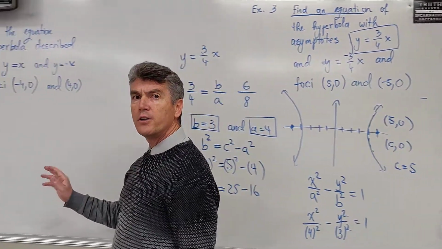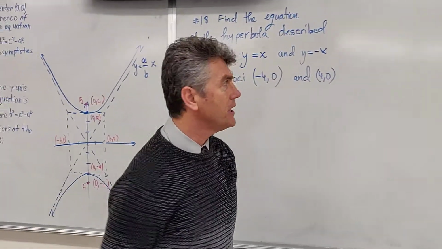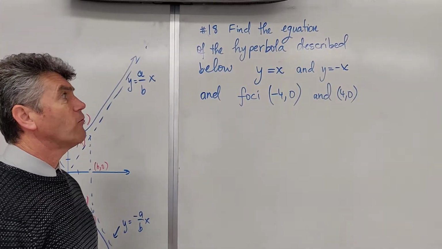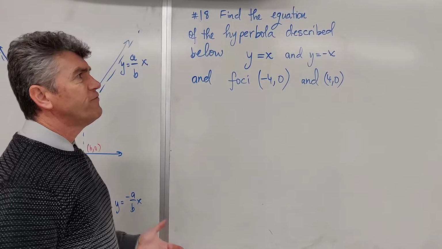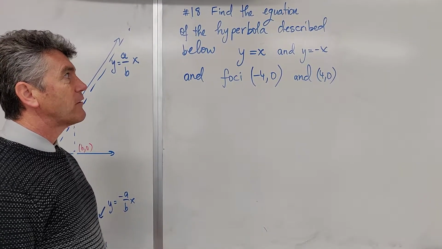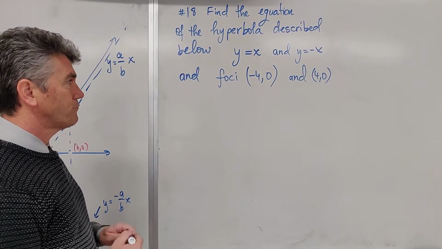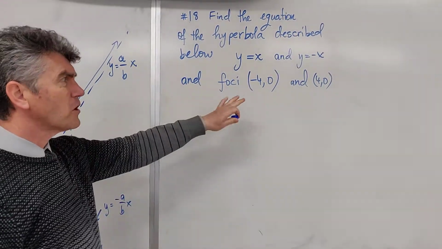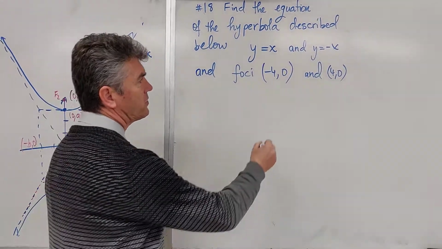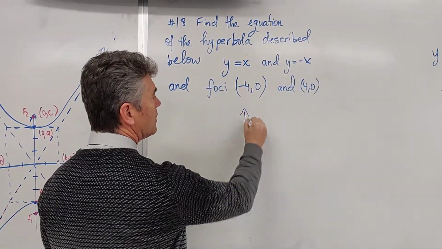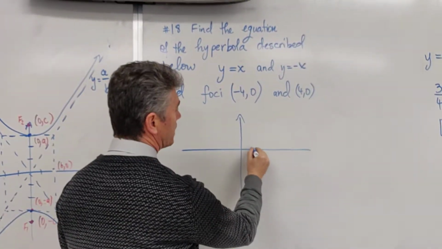We now move on to number 18. Number 18 is an additional example that I wanted to do. Number 18 is very similar to example 3 that we just completed. Clues are pretty much the same. The foci have coordinates (-4, 0) and (4, 0). Just like last time, start by plotting the foci.